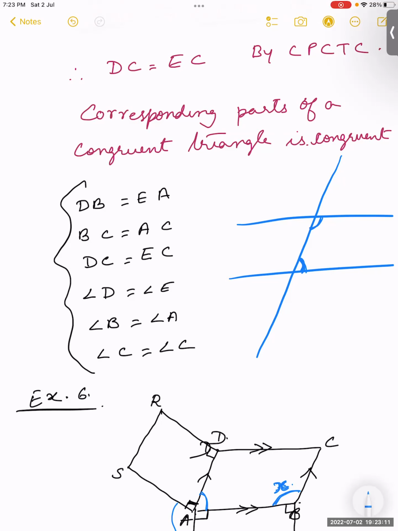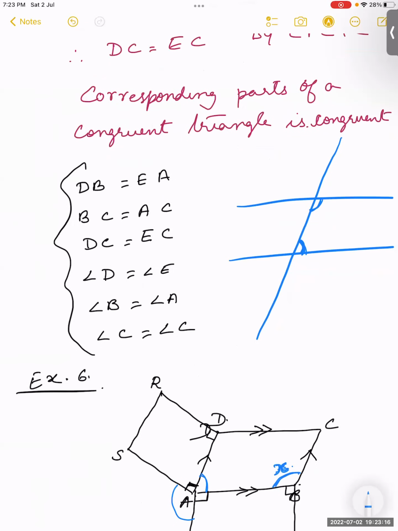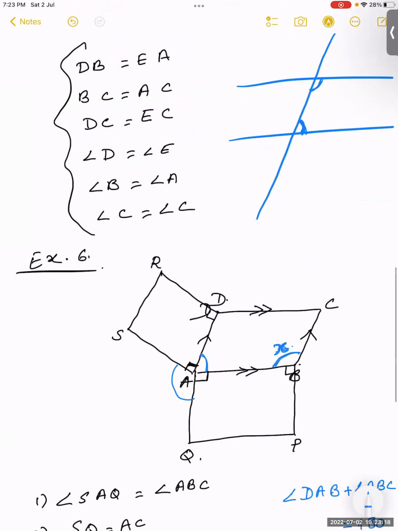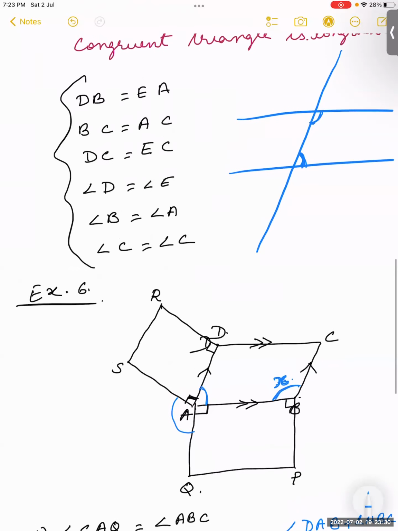You're saying angle A is equal to angle B in this parallelogram? No, that's not what I'm saying. Angle A plus angle B is 180 degrees. If I said equal, I'm sorry, that's not what I meant. This and this, when you sum them up, I should get 180.